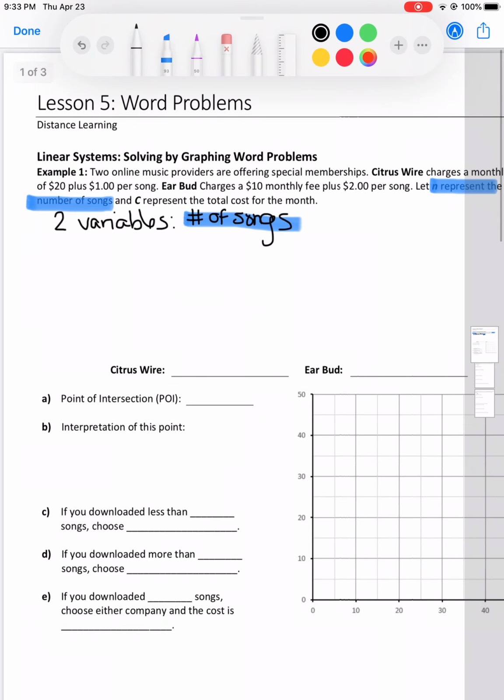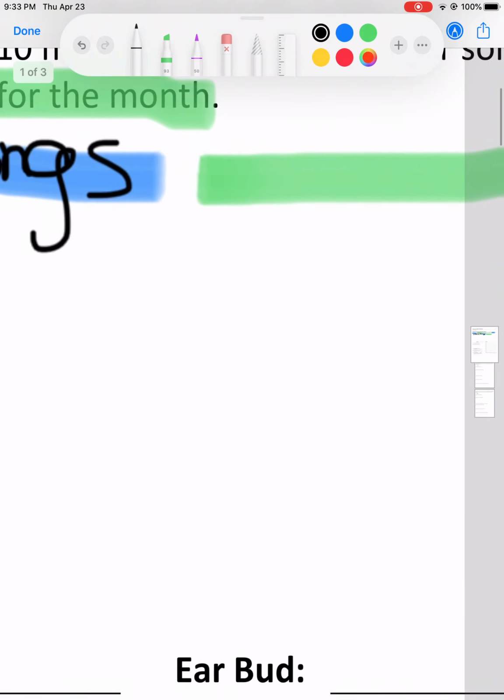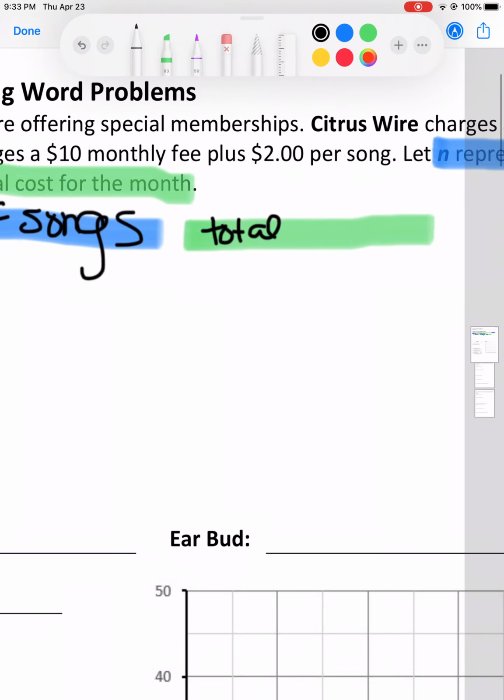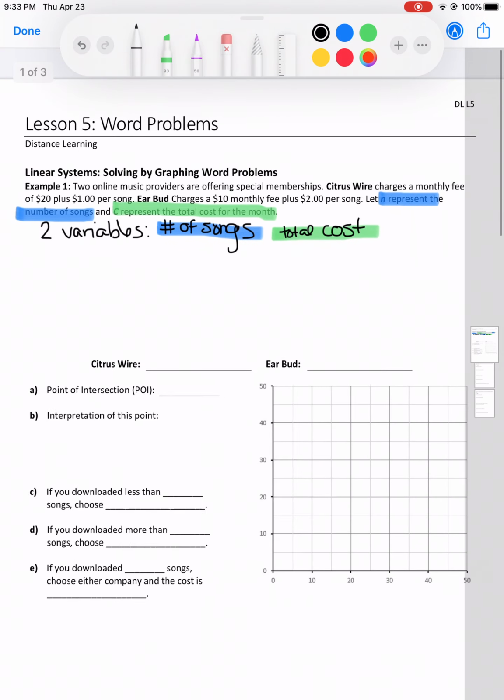Okay, and then what's my other variable? C represents the total cost. There's my two variables right there.